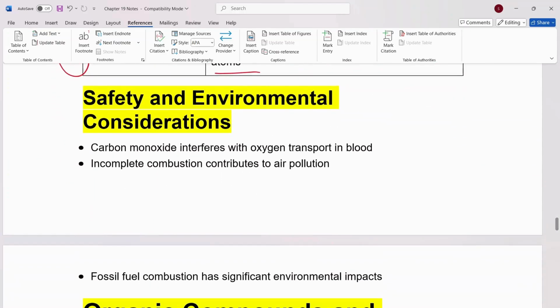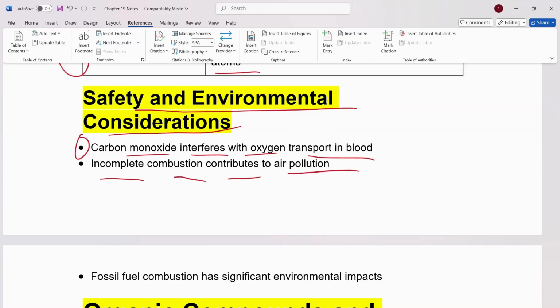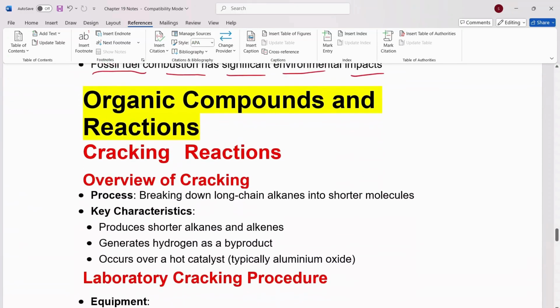Now let's talk about safety and environmental considerations. Carbon monoxide interferes with oxygen transport in blood. Incomplete combustion contributes to air pollution. Fossil fuel combustion has significant environmental impacts.